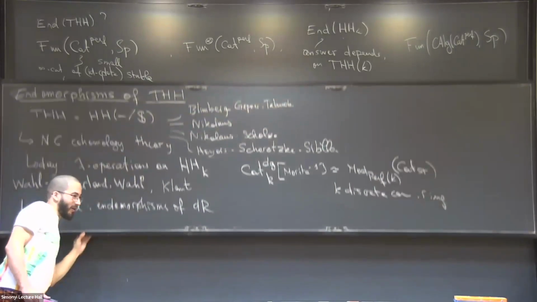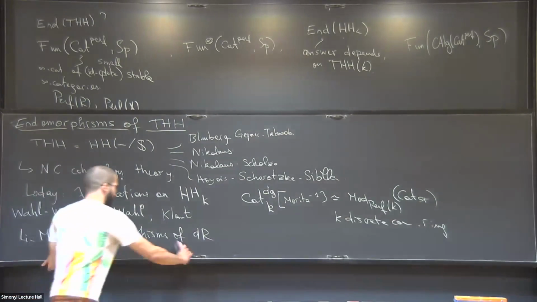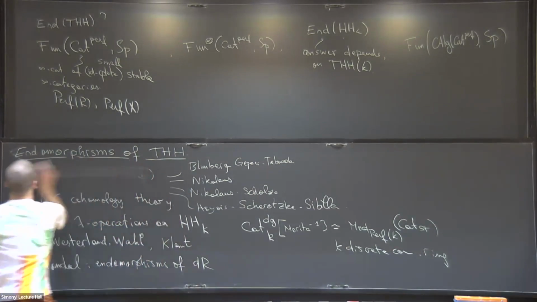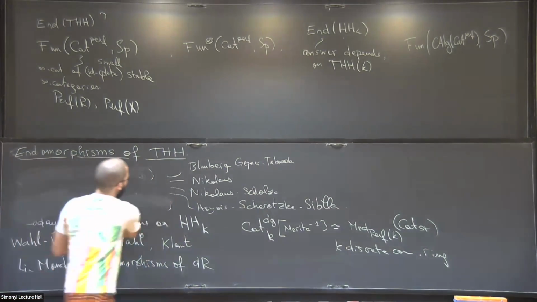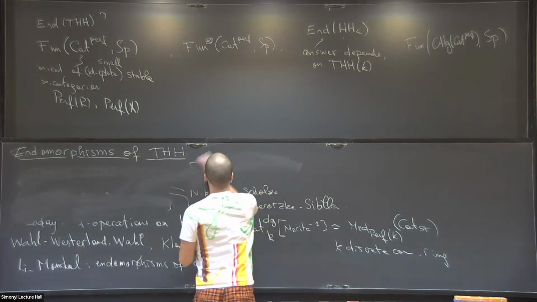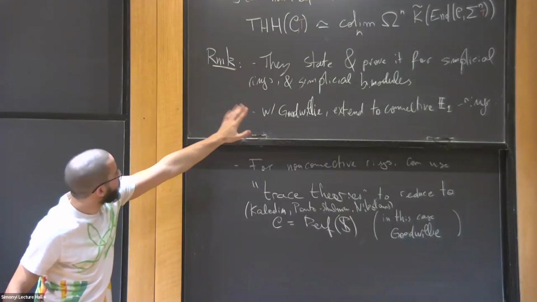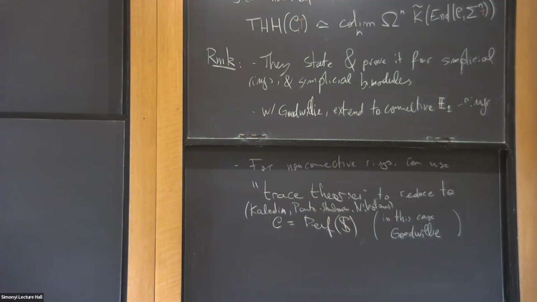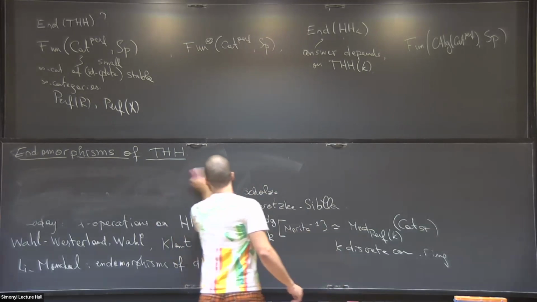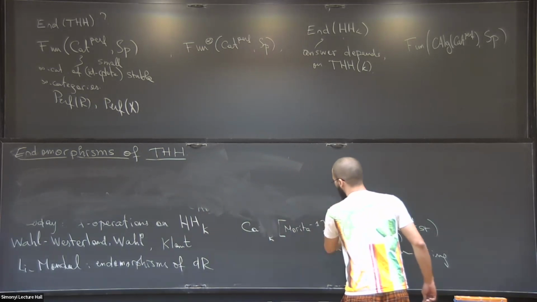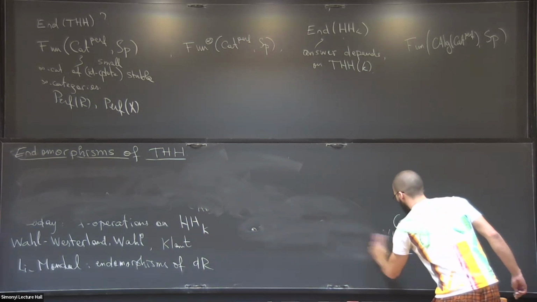Look at this formula. The point being that because I only want THH without coefficients, there's no T on the right hand side really if I remove the T, and so I can define this. I can give you an alternative description of this category of twisted endomorphisms in this special case.